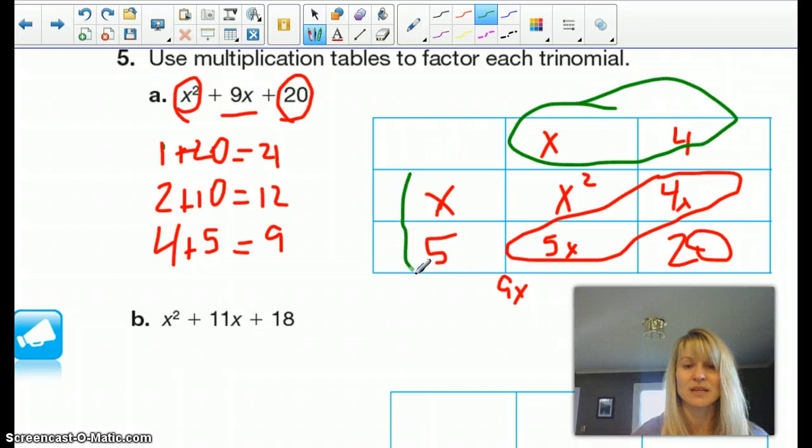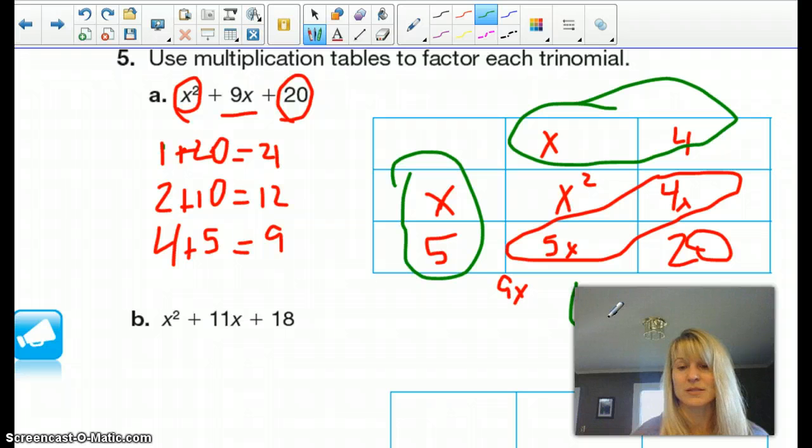This times this. So we'll have x plus 4, and then we have x plus 5. Okay? And again, if we want to check it, we know x times x is x squared, 4 times 5 is 20, and then 4x and 5x would give you 9x.